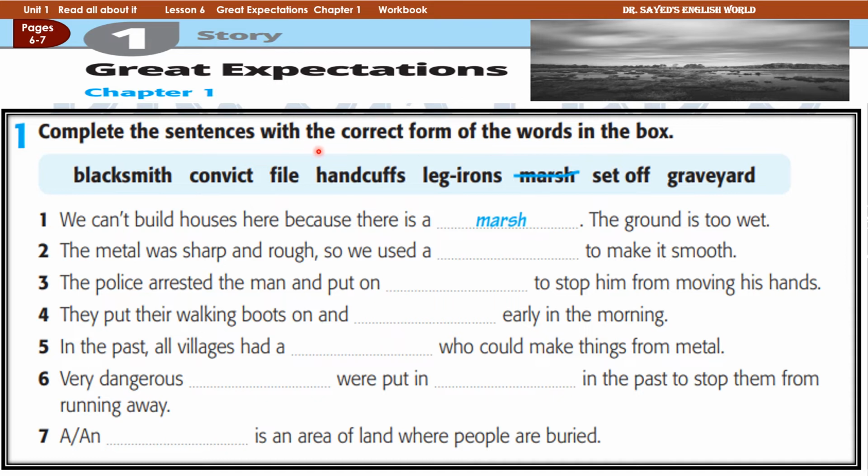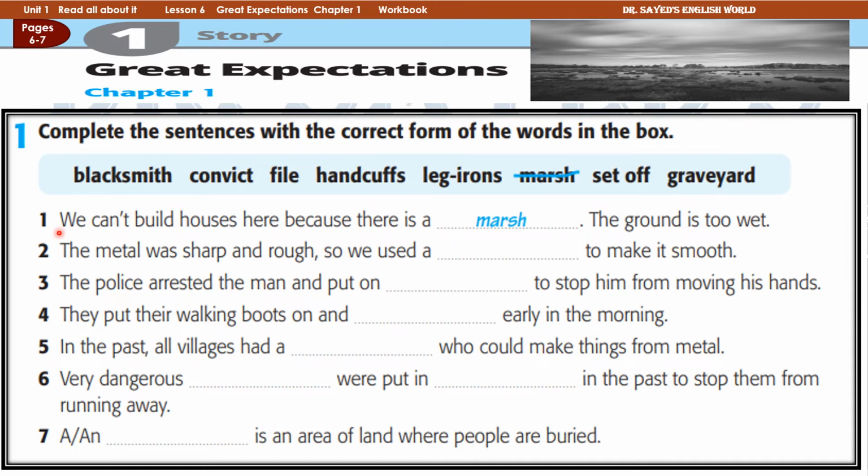You may need to change them. Okay, we'll complete them and put them here in the blanks. And all the words are from those words in bold in the story as we have shown.